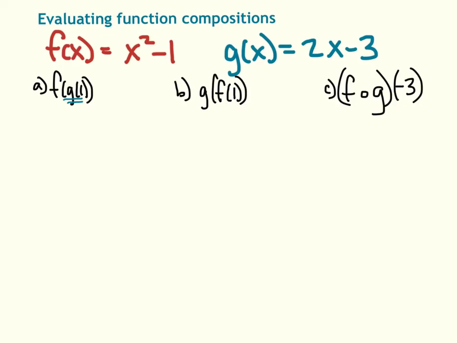Okay, so now I have f of, to find g of 1, I would go to my function g, and what do you think you're going to do with that x? You're going to plug a 1 into that x. So it's 2 times 1 minus 3. So g of 1 was negative 1.